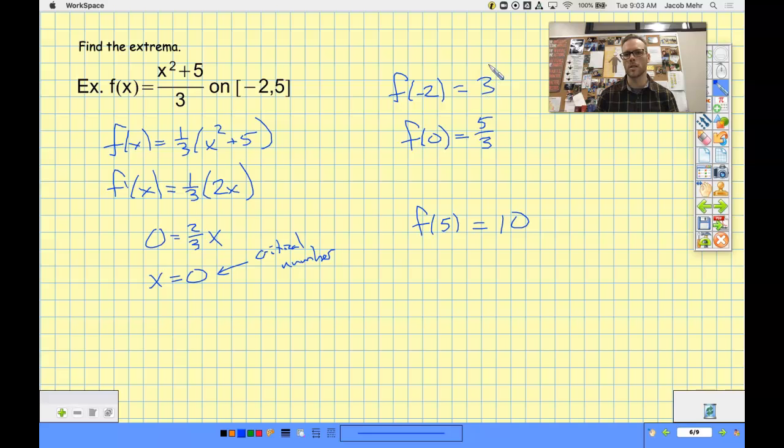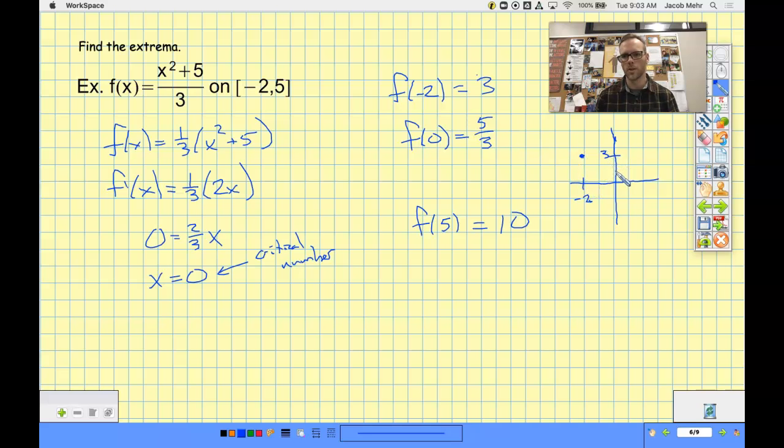So notice, it starts up at 3, and as we go to x equals 0, it goes down to 5/3. This means 3 is starting above the function. If I'm sketching a graph of this, at -2, it's up at 3. I'm not following the grid here, but it's at 3.